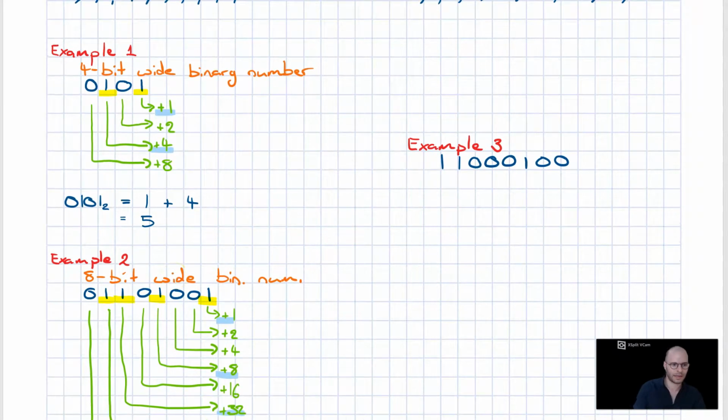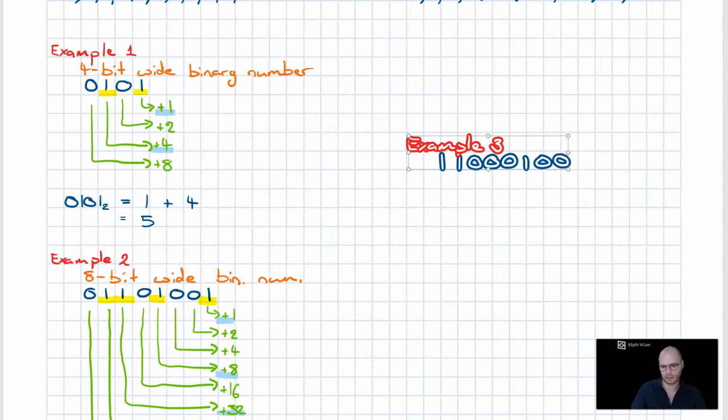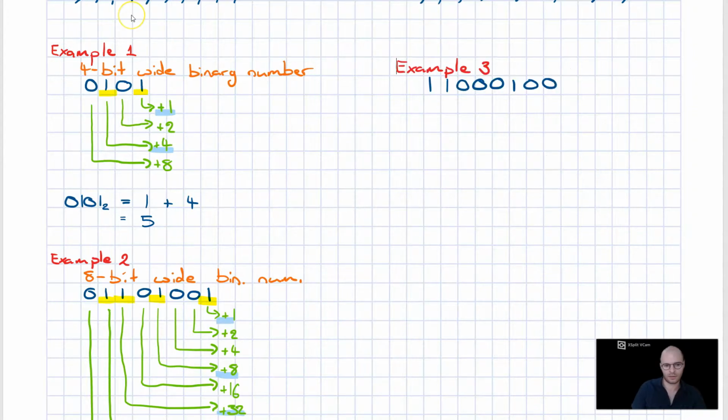Now, example 3. Let's have a go at this one, but let's take a few shortcuts. Rather than drawing all of these arrows, the first thing I'm going to do is just highlight all the numbers that are on. So I've got this one here, and this one here.